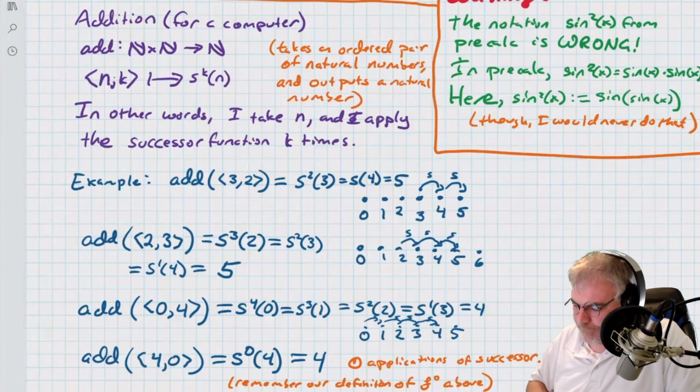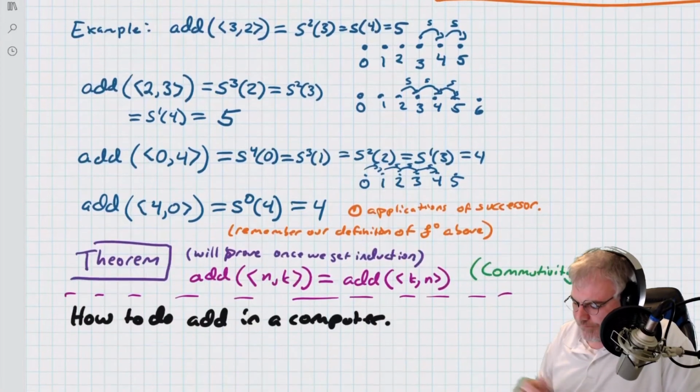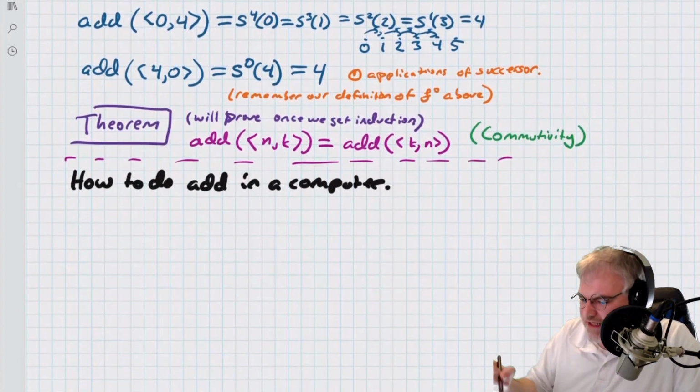Okay. And you can't get it without playing with it in code. That's why it's an assignment. Okay, so now I've defined addition. So how do I do add in a computer?